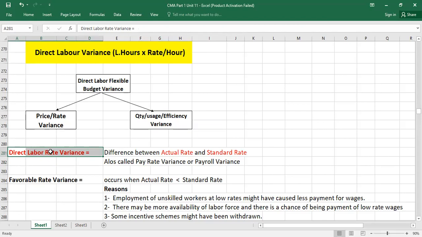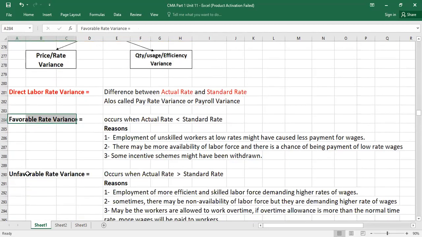It could be favorable or it could be unfavorable, as you can see here. Favorable rate variance occurs when our actual rate is less than standard rate, and standard rate is also called budgeted rate. And the following could be the reasons for favorable rate variance.